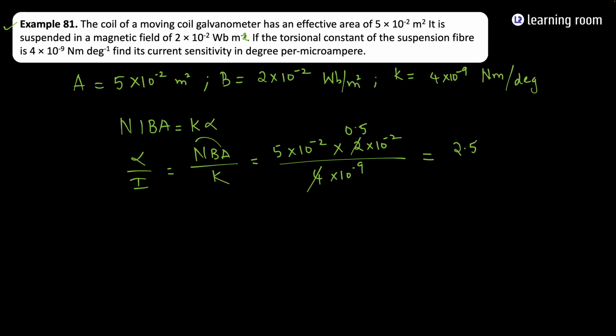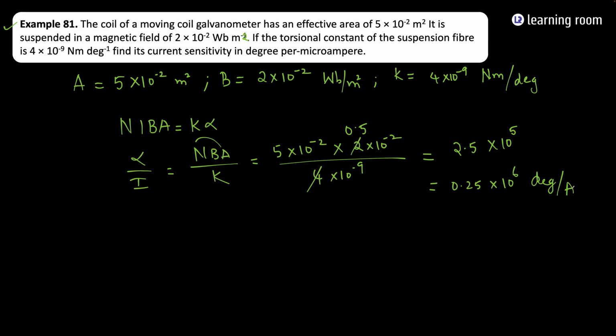So 10 power minus 2 into 10 power minus 2, 10 power minus 4, divided by 10 power minus 9. How much is that? It will become 10 power 5. Or can I write this as 0.25 into 10 power 6? So this is in terms of degree per ampere.